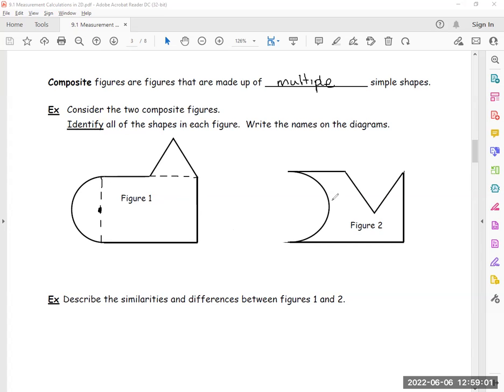Okay. What about this one? What shapes do you see? Triangle, upside down, yep. What else? Yeah, another triangle? Yeah, on the right. Possibly like this, or maybe like this. Sure. Let's keep it simple.